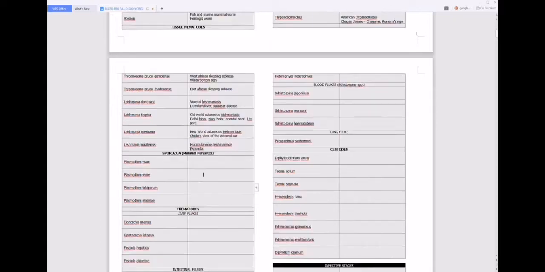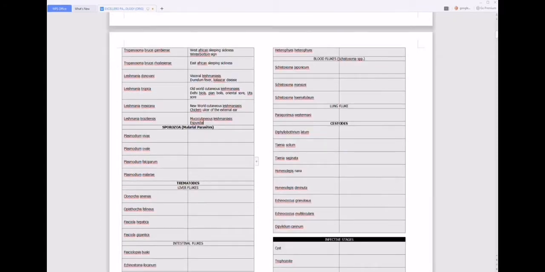Okay, so now let's go to the sporozoa or the malarial parasites. So Plasmodium vivax, it is also called the benign tertian malaria.